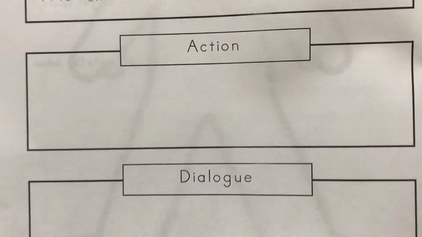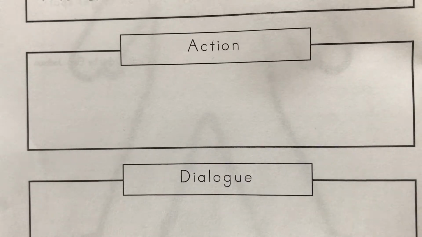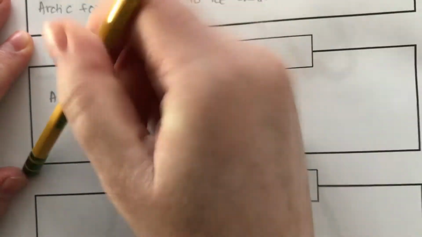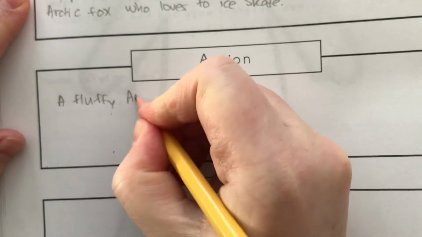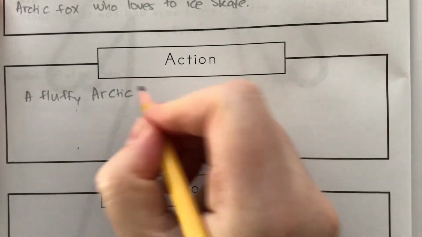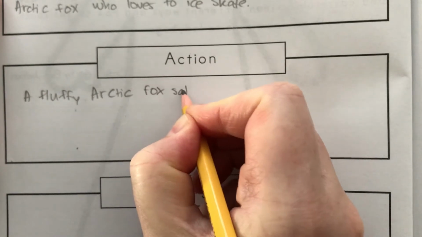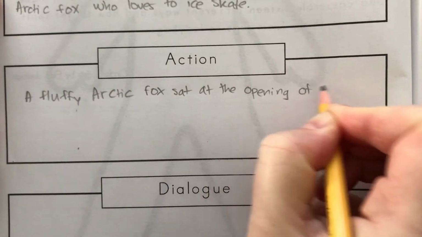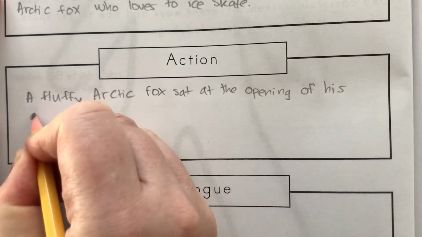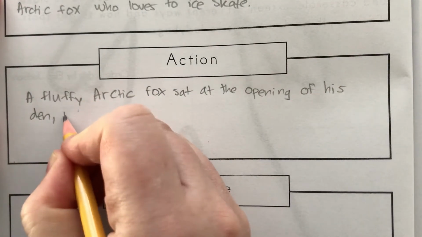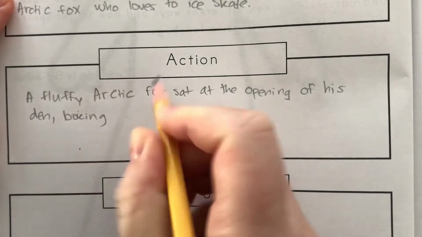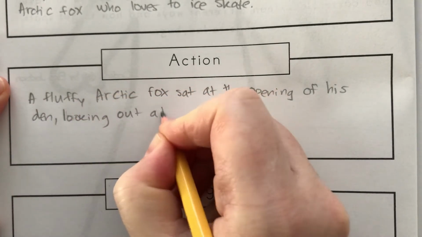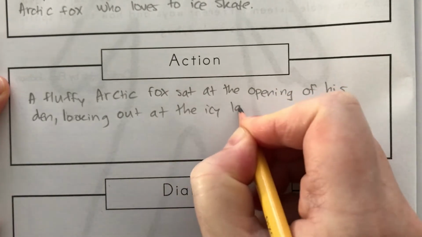So maybe I would write something like, a fluffy Arctic fox sat at the opening of his den, looking out at the icy landscape.